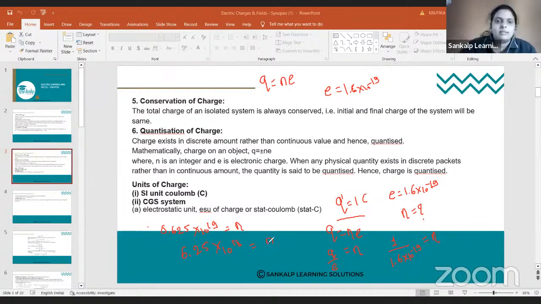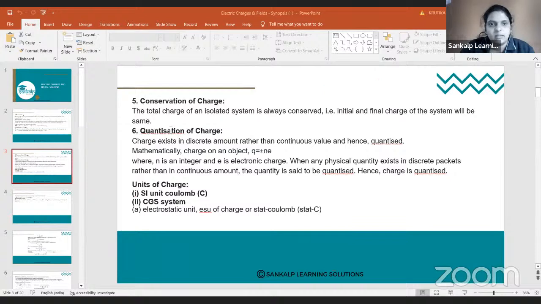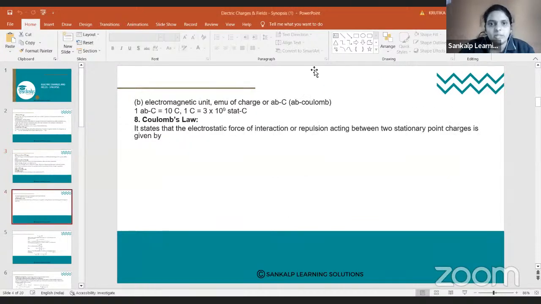Yes. So next point. If anybody is having any doubt, you can text in the chat box. Then Coulomb's law. So what is Coulomb's law here? Coulomb's law will tell you the force between the two bodies. I'll consider one body having charge Q1 and the other body having charge Q2.